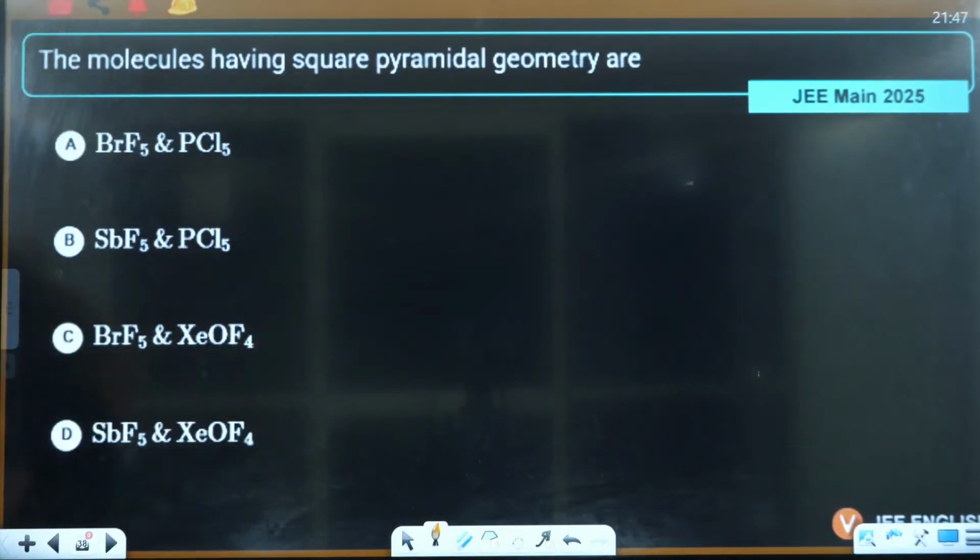Trifluoromethyl free radical, CF3. I think that will be here only. CF3, because fluorine is more electronegative, right?